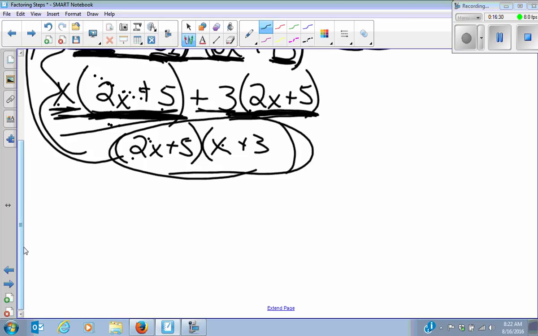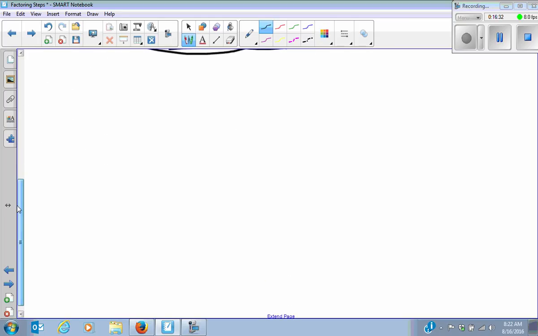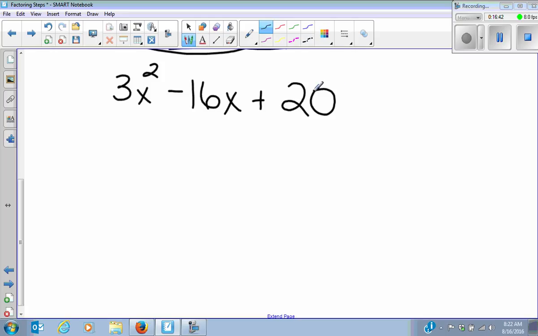All right, let's get to some other stuff that can happen, because in math you always got things that can happen. We go through this again, real quickly, right? GCF, no. Special cases, no. 3 doesn't have a square root, okay?